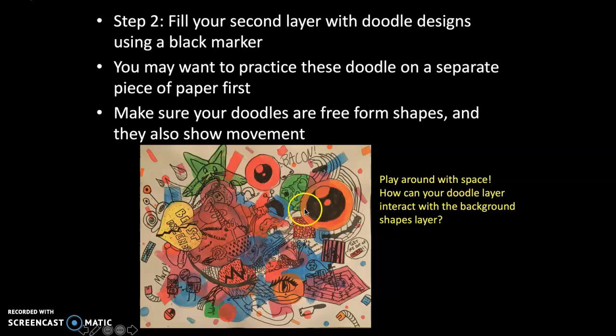If you look at this example here, you can see that the doodles and the shapes in the background are interacting in really funny ways. So this artist has drawn these big circles in the beginning, and then they added eyeballs on top. So the doodles are sort of becoming the shapes. They did the same thing here for this character's eye.